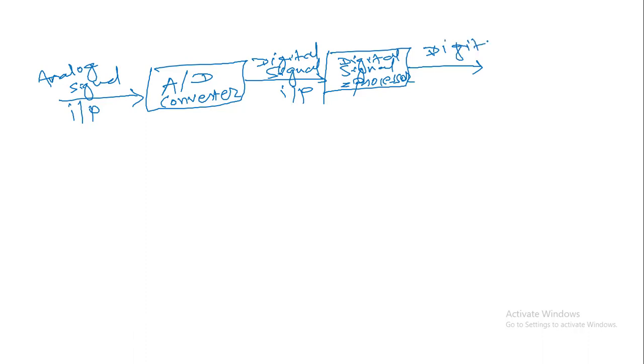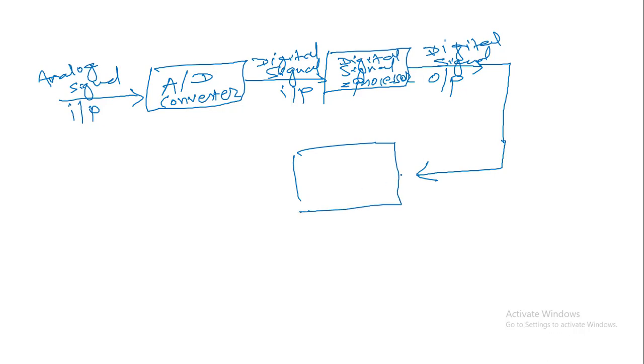This digital signal processor will produce a digital signal as an output, which can further be given to the digital to analog converter, which converts the given digital signal back to analog form.